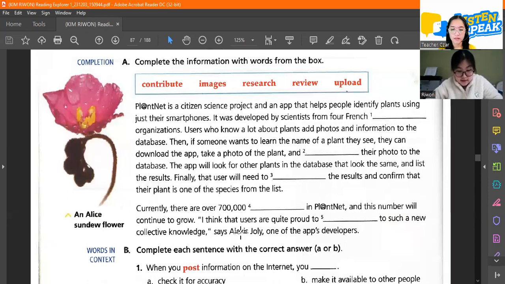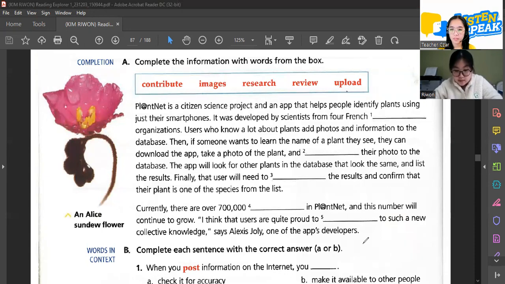PlantNet is a citizen science project and an app that helps people identify plants using just their smartphones. It was developed by scientists from four French research organizations.